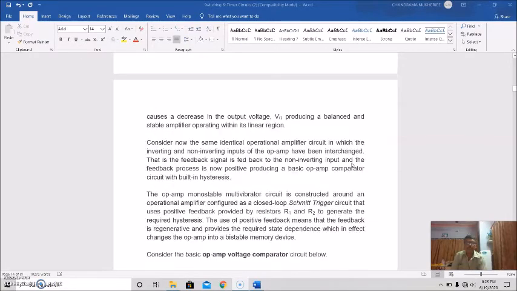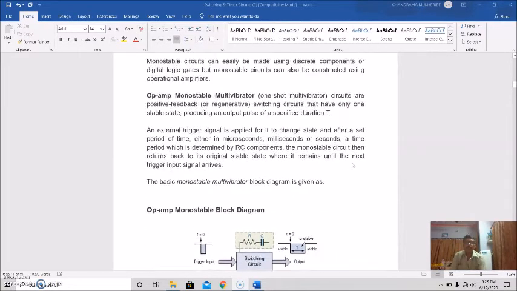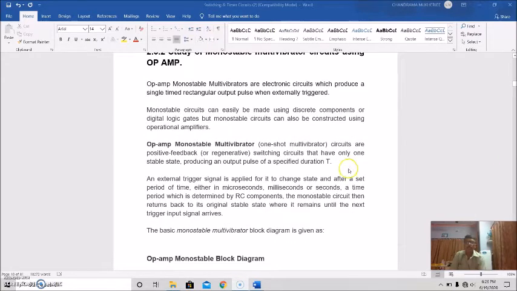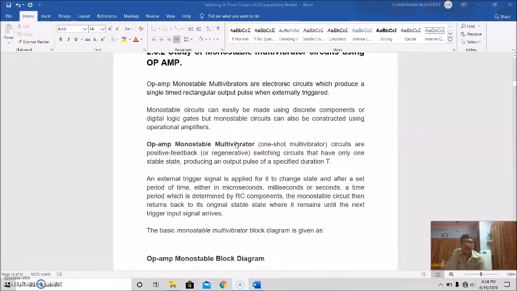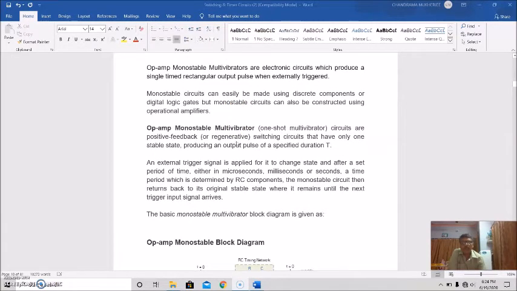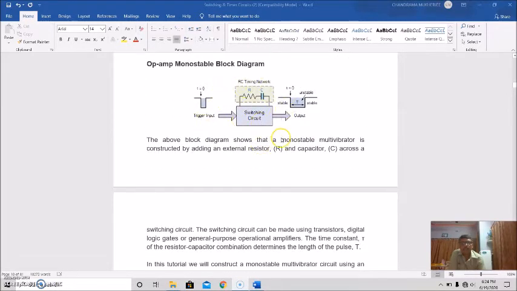We have seen that we can construct this monostable multivibrator using an op-amp, or rather than an op-amp, we can use digital logic gates or something else, or a transistor circuit also. Later we found that we can construct a monostable multivibrator with the 555 timer IC also. We started with this basic block diagram.